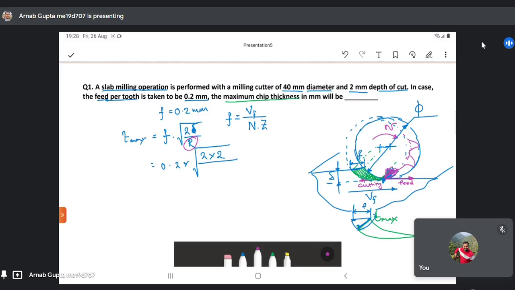So you have to be careful here. It should be 1. So this is the maximum chip thickness that you are getting here.